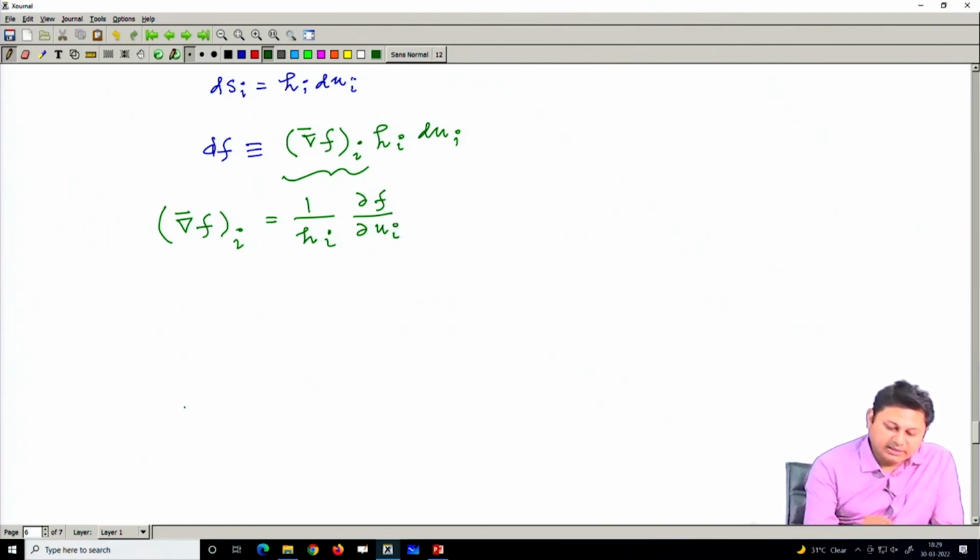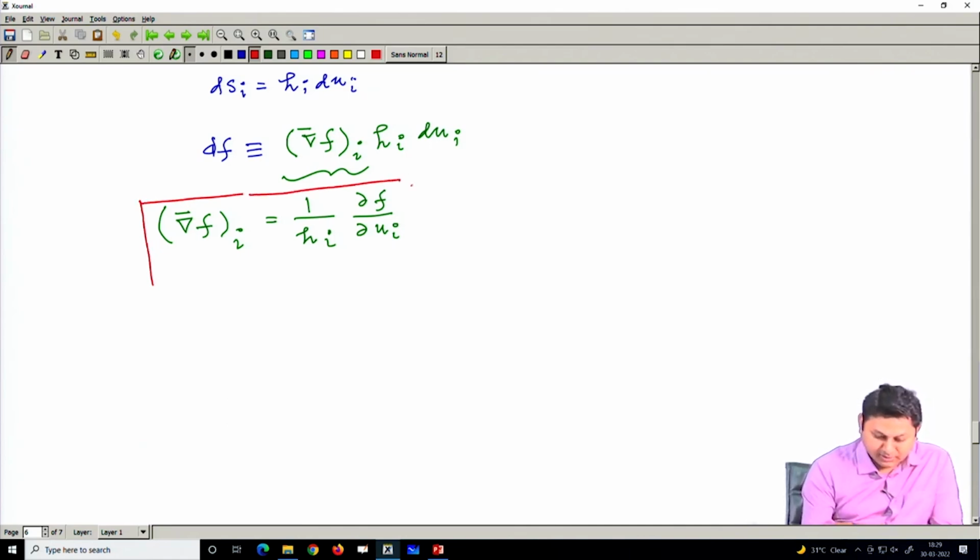So, this is the general way to define the gradient in a curvilinear coordinate system. This is the way one can define it.